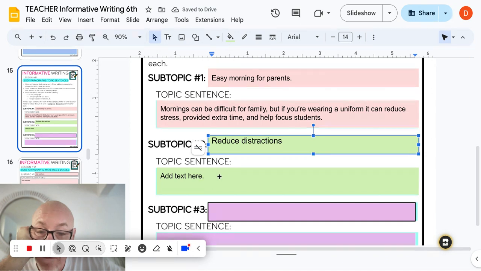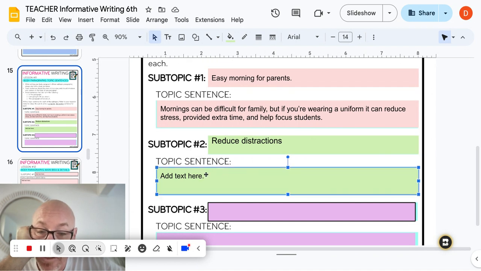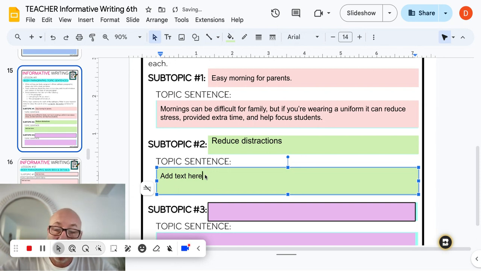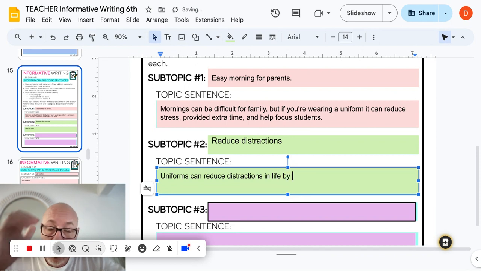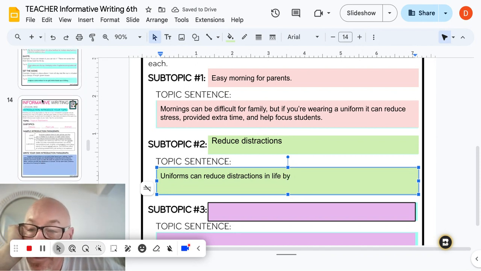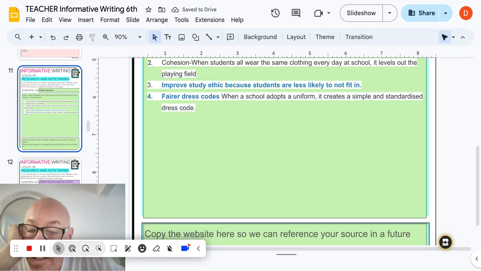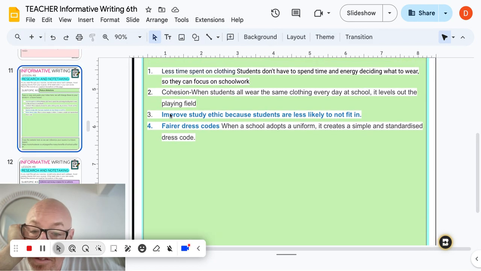Now it says topic sentence, reduce distractions. And I'm going to say something like, uniforms can reduce distractions in life by, now I'm going to go back up here to my research. I'm just going to take 3 things that they do.